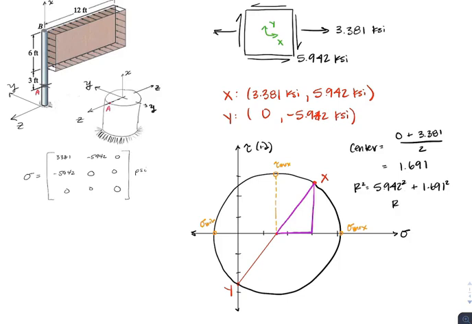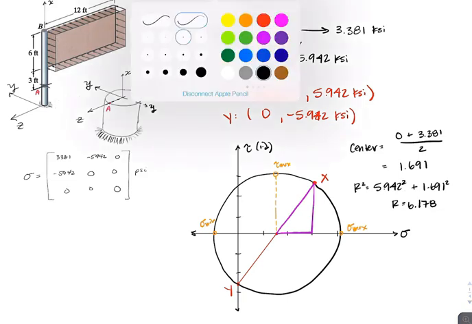That gives us an R value of 6.178 KSI. Now that we have those, we can solve for our principal stresses and our max shear stress.